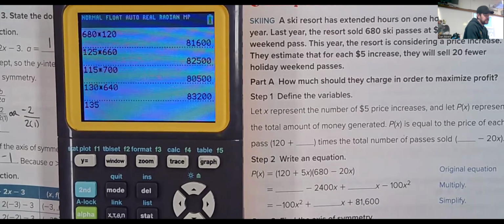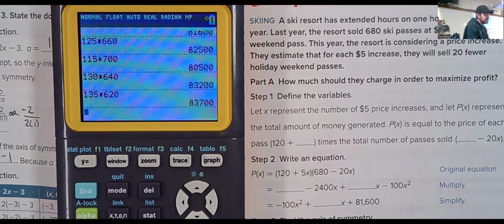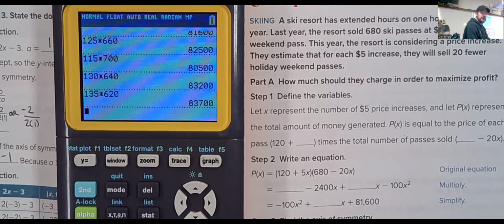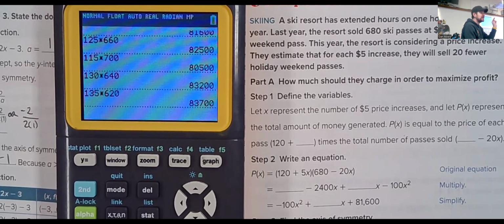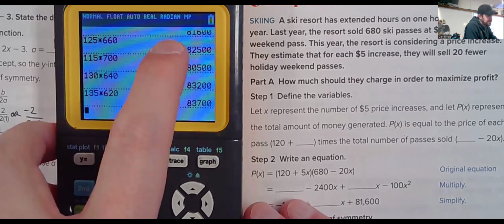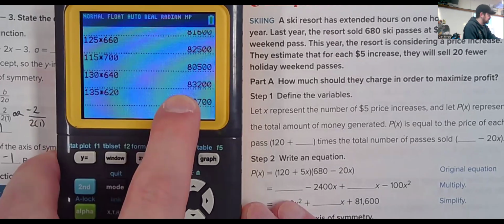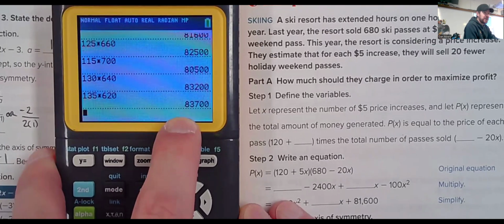How many people? 620. $83,700, still going up. Now, you'll notice that these increments of increases are not linear, right? It went up by $900 the first time, and then it went from $82,500 to $83,200. That's a $700 increase. And then $83,200 to $83,700, that's a $500 increase.